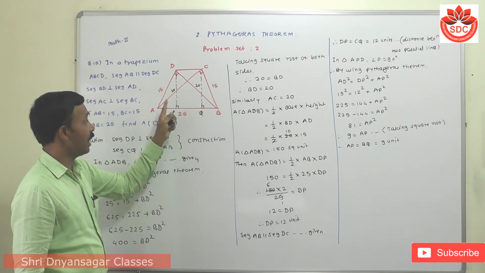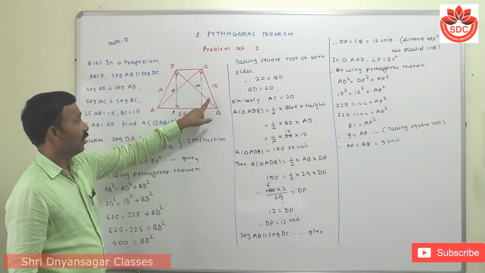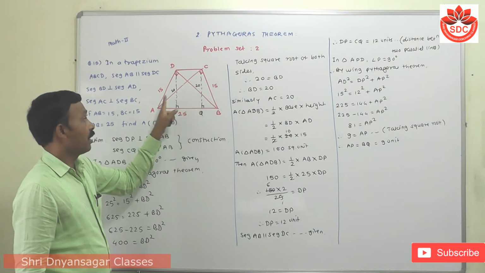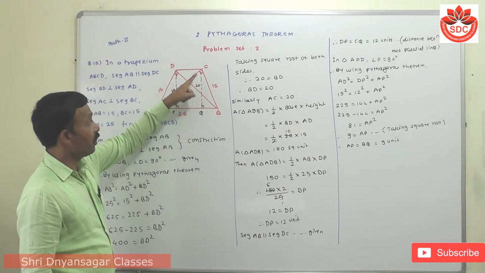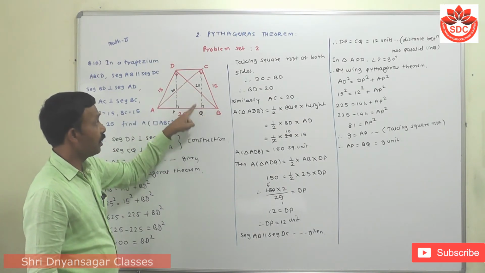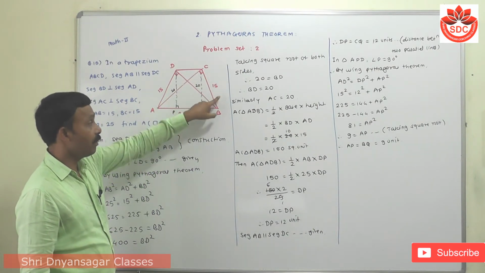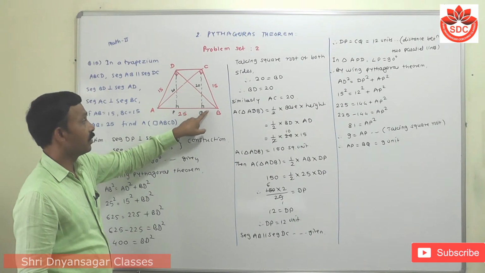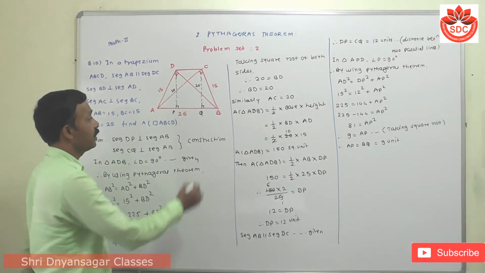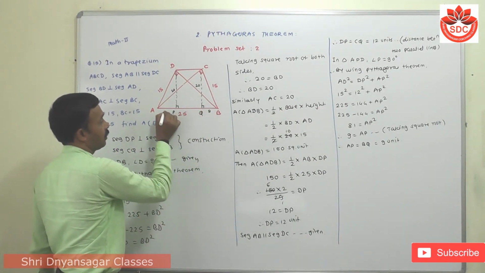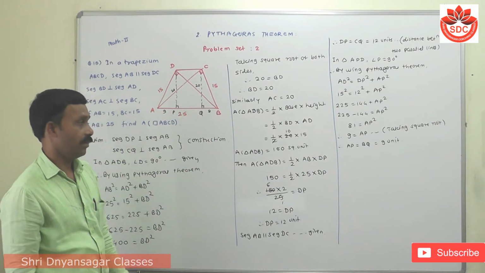We can also show that these two triangles are congruent, or again you have to take this BCQB is a right angle triangle. Then again by using Pythagoras theorem we can show that this value becomes how much? 9. This is also 9 and this is also 9.